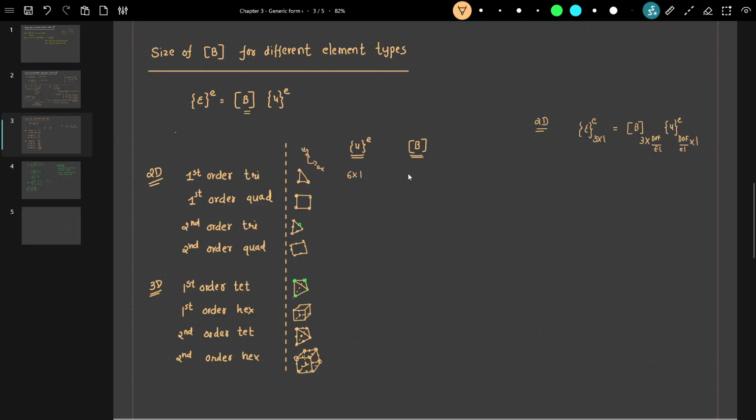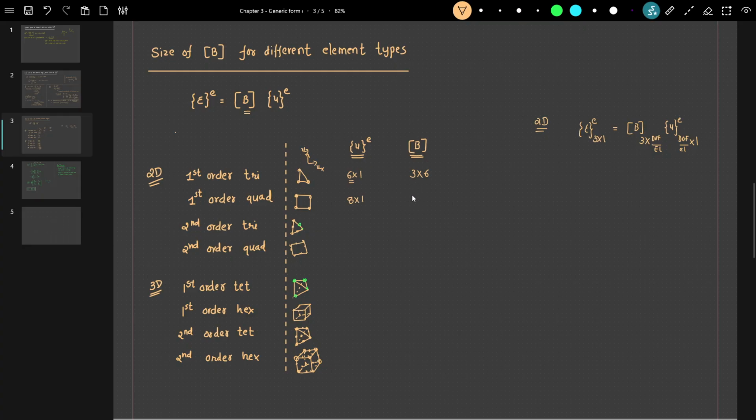B matrix, as mentioned, is number of stress components or strain components by degree of freedom per element. So 3 by 6. For first order quadrilateral element, it has 4 nodes, so degree of freedom per element is 8. So UE is 8 by 1.